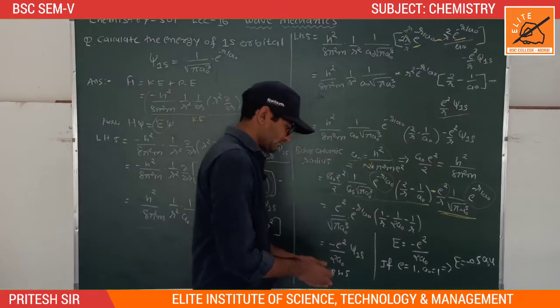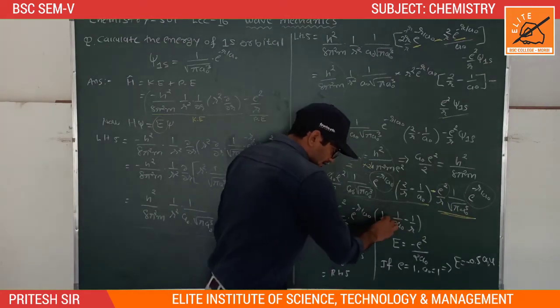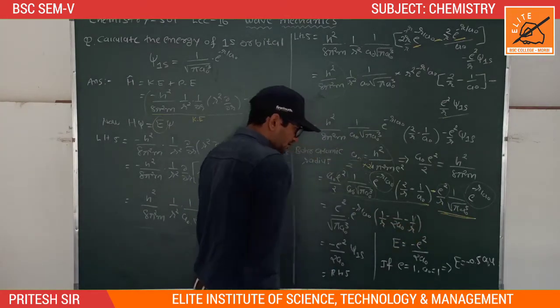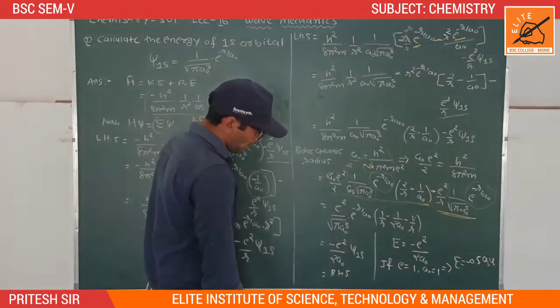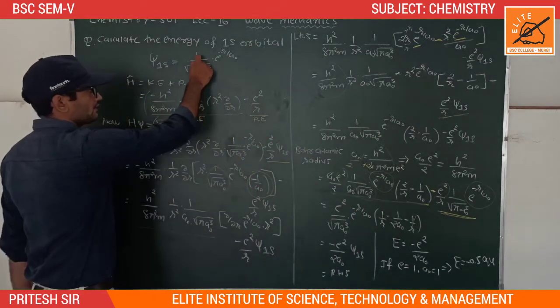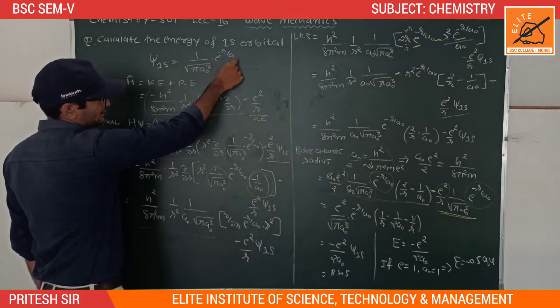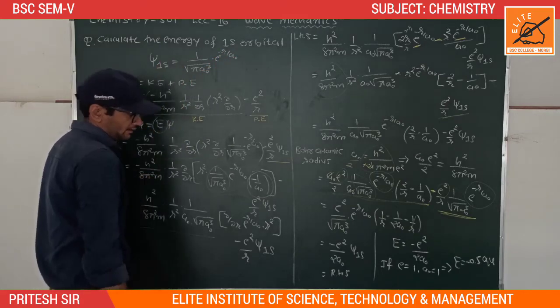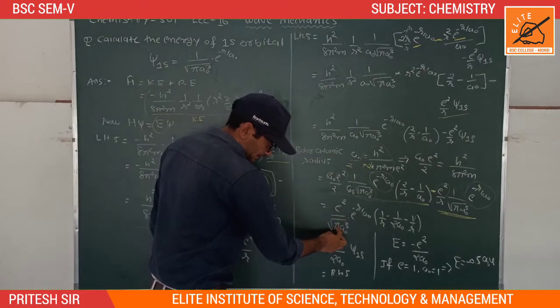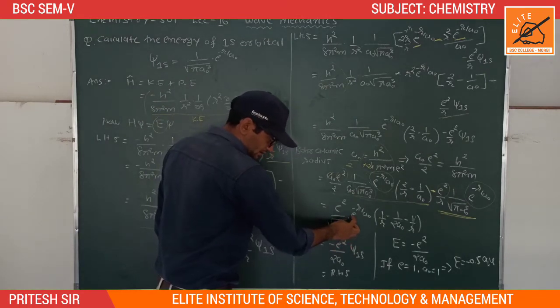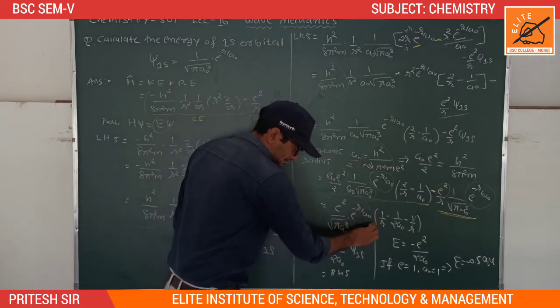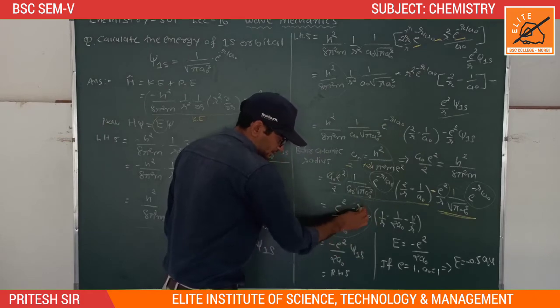So this 1 upon r and this 1 upon r both cancel out, plus minus. The remaining term, 1 upon under root pi a0 cube into e to the power minus r upon a0, is equal to psi.